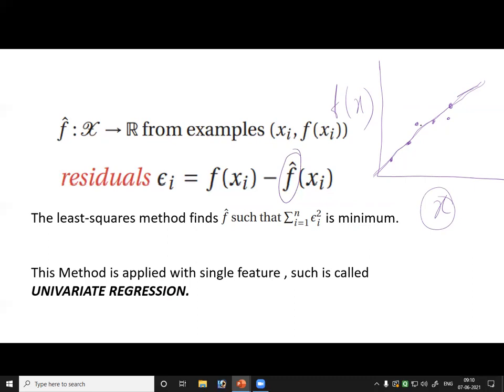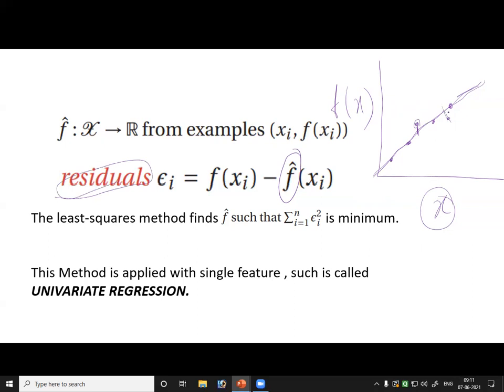But actually, some points are not on this line, they are outside of this line. We are predicting only an approximation. So this error is called residual, my dear friends.